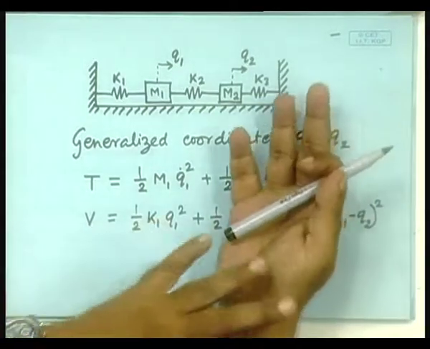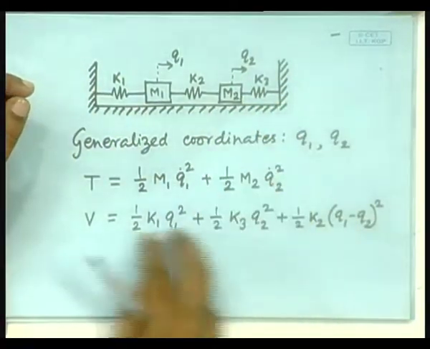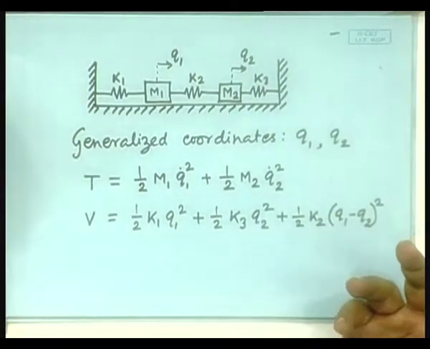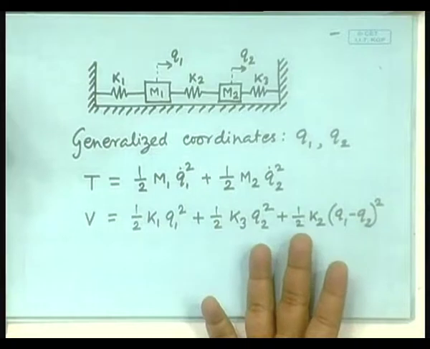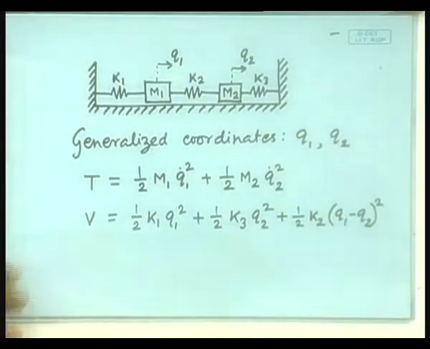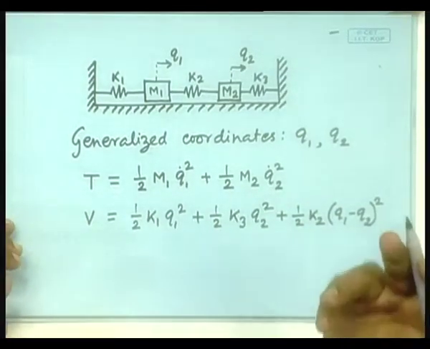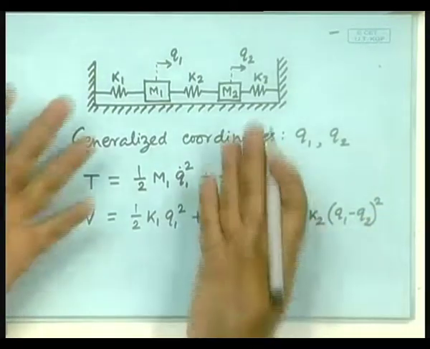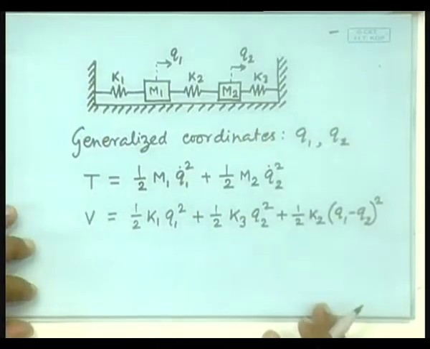You could assume anything otherwise. What will happen is that these will have some constant terms which on differentiation will vanish, but this is an easy way to write, that is why we assume that way. So her question was, where do you assume the datum? Yes, that we could assume anywhere, but that would be a convenient way of doing it.